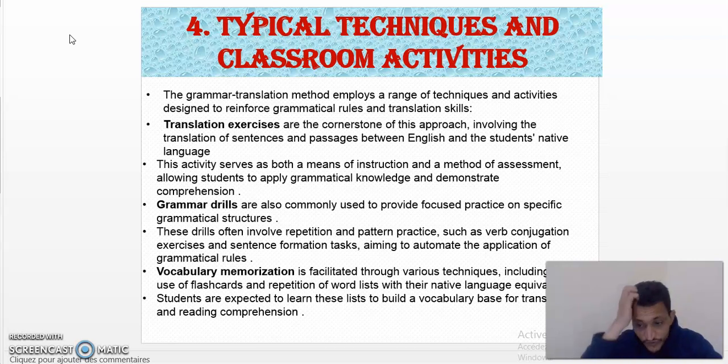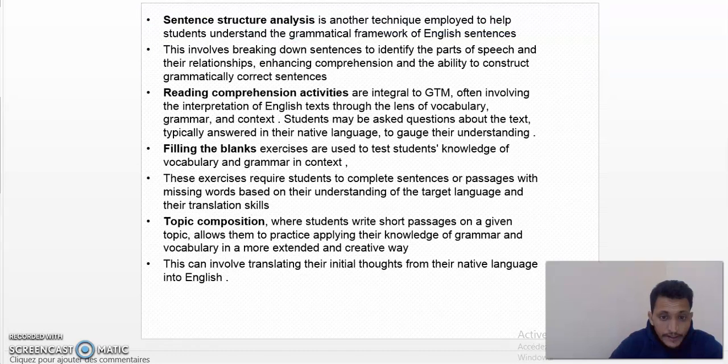So what we have learned from this first part is that the techniques we use in the classroom within this approach are translation exercises, grammar drills, and vocabulary memorization. Now, let's see other techniques. For example, sentence structure analysis is another technique employed to help students understand the grammar framework of English sentences.